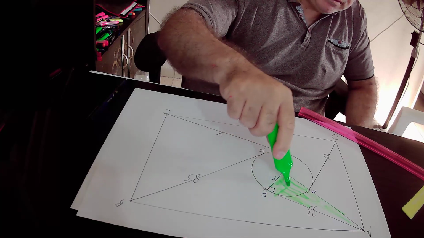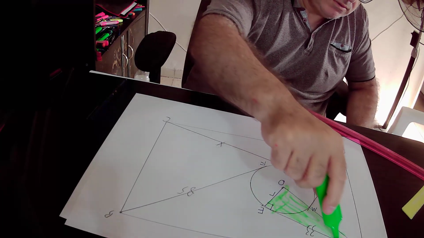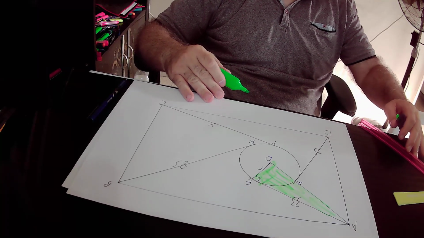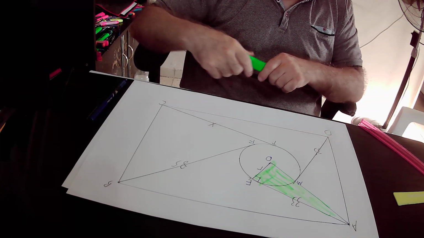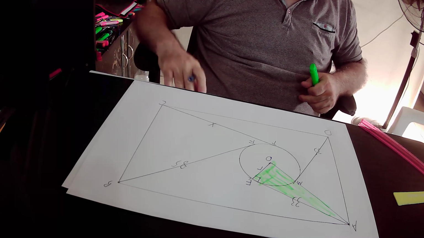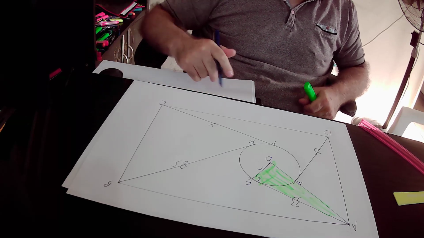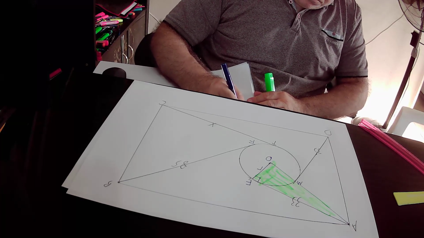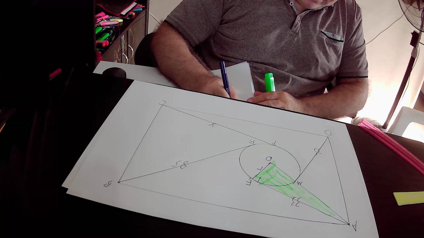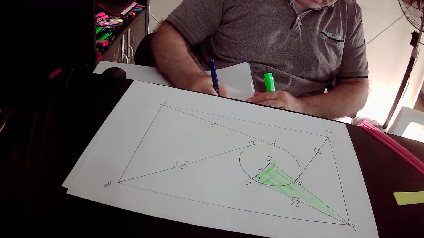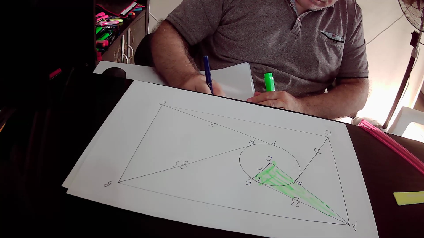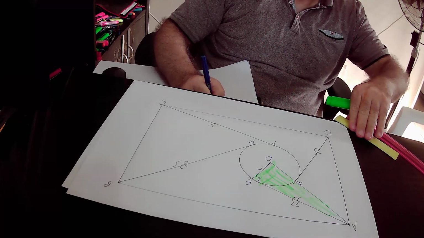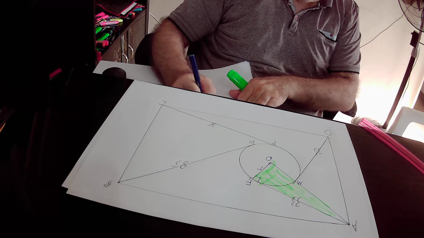So we implement the Pythagoras theorem on the green right triangle, triangle AOE. In the green right triangle AOE, by PT, the relation for the Pythagoras theorem: the square of the hypotenuse equals the sum of the squares of the perpendicular sides.